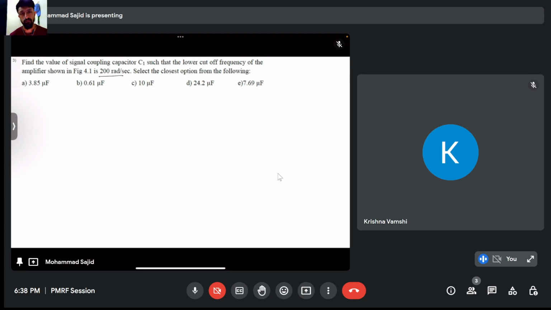Now we have to find the value of C1 such that after that frequency the capacitor starts behaving as a short. Just drawing the equivalent circuit for figure 4.1. You can look at it. I have one in front of my screen. So this is my R pi, this is RB, this is C1.